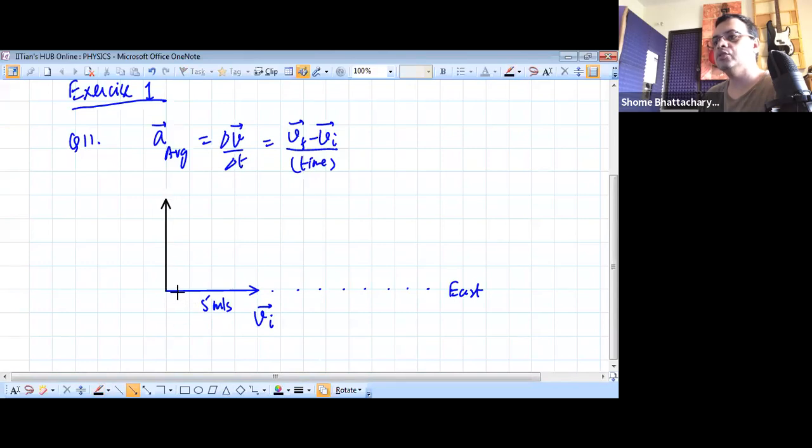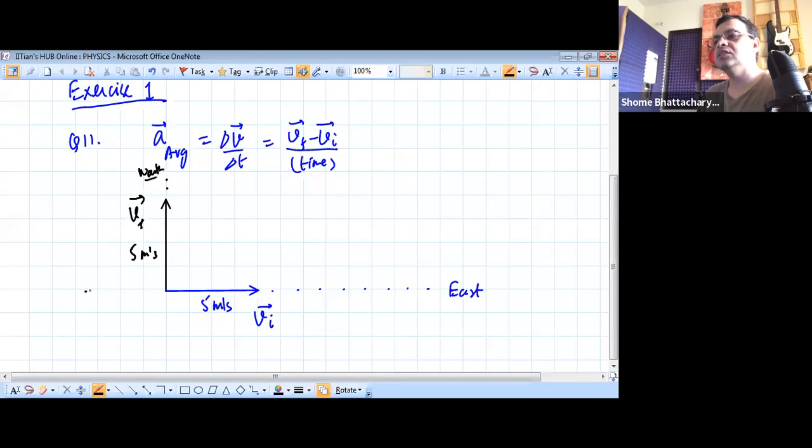So obviously the particle was going like this, and then it turns and goes northwards like this. The final velocity is 5 meters per second, but pointing towards north, in an interval of 10 seconds.